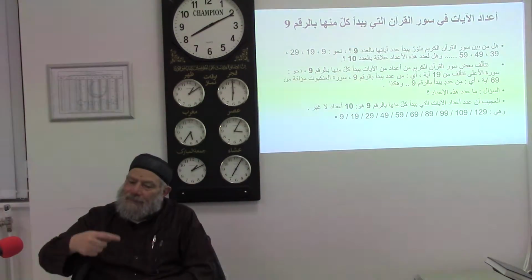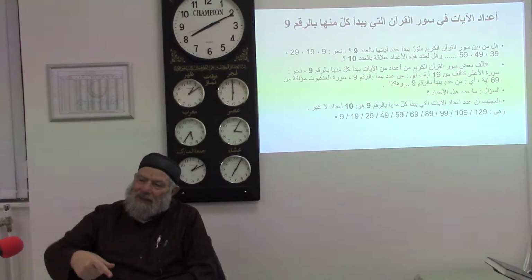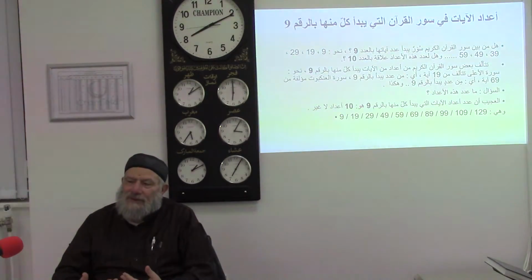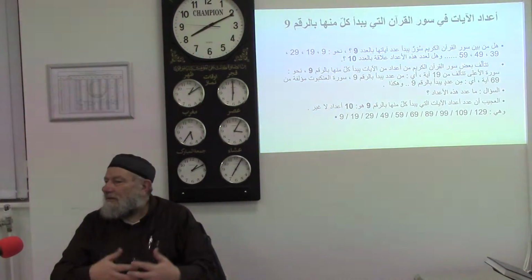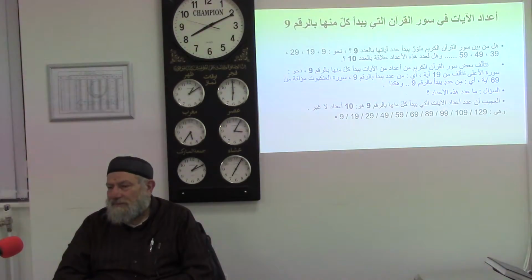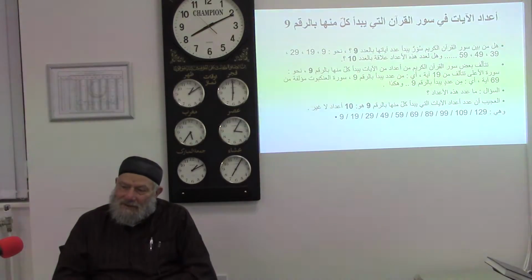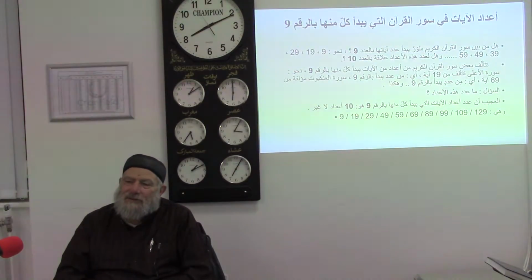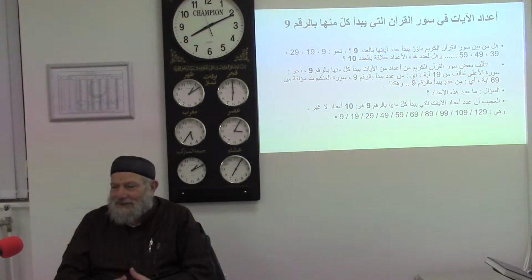But the proofs that Abdullah gives about 9 and 10 are many. Many. I can send you the study he did, inshallah, or anyone interested. It would be interesting if we can share it. Yes, inshallah. Jazakallah.